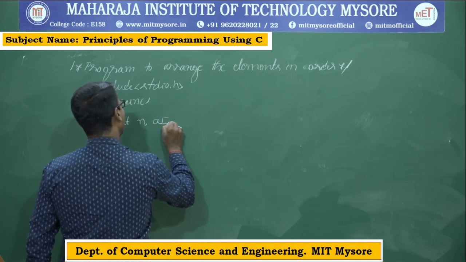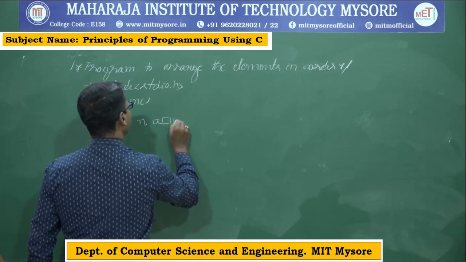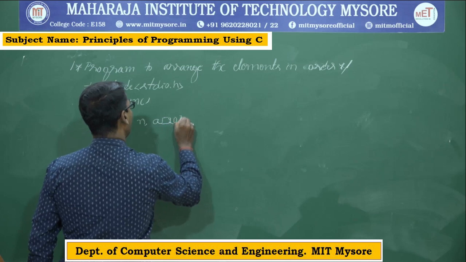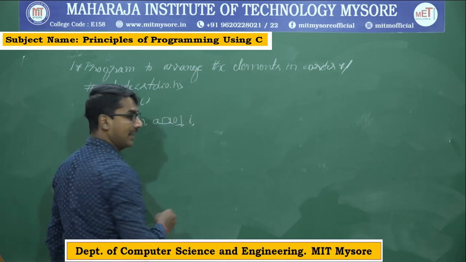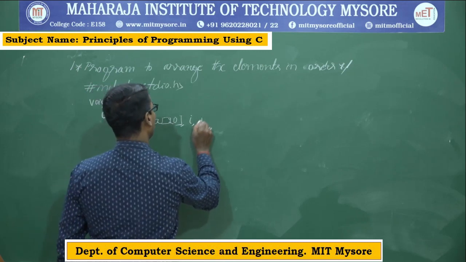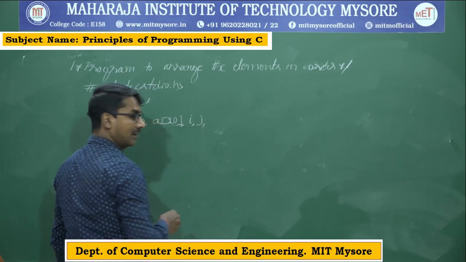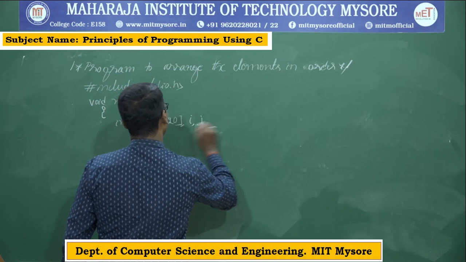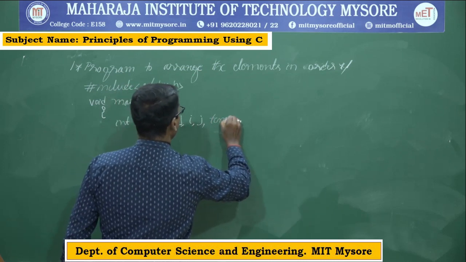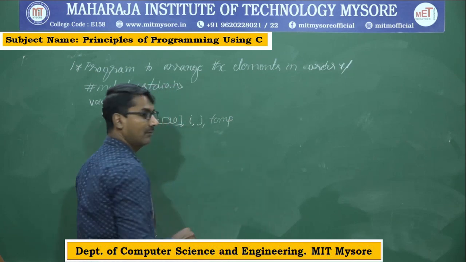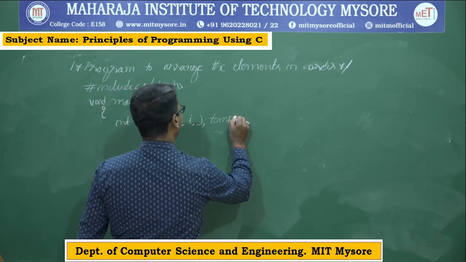Here I will consider the input array elements, that is array A of size 20. Then one index is i, the outer loop. Then j is one more index. Then one variable is required to exchange a value, that is temp.